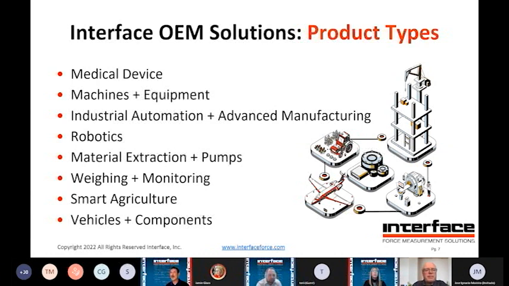But machines and equipment, so a lot of torque sensors used in these, multi-axis, along with your standard load cells or modified, customized ones, whether it's riveting, CNC machines, or even robotic equipment or booms and lifts, lifting devices. You'll see our load buttons and load cells used in those applications.